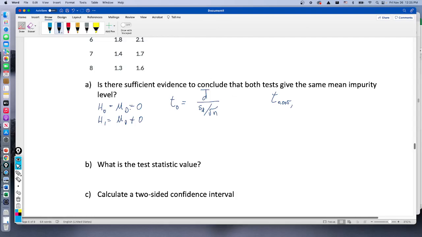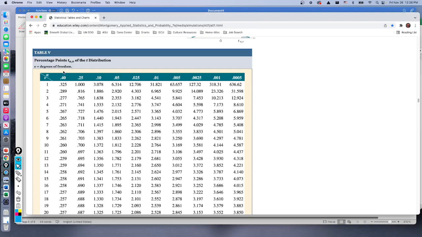So we're going to use 7 degrees of freedom because this is a paired sample. Let's look that one up. What is this t-value? Because that's what we're going to be using. The t for 0.005 and 7 degrees of freedom is 3.499.